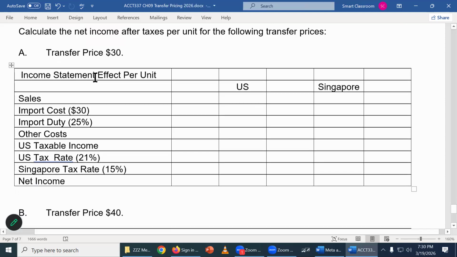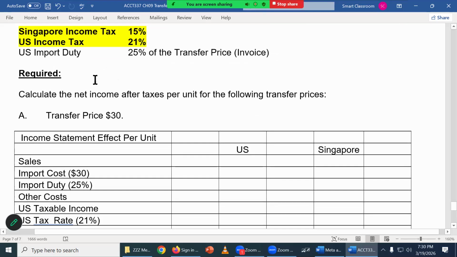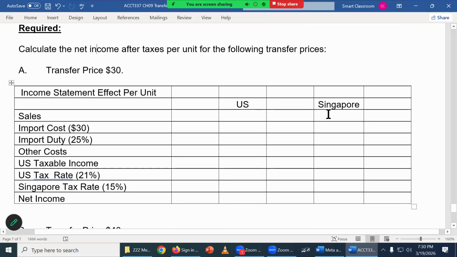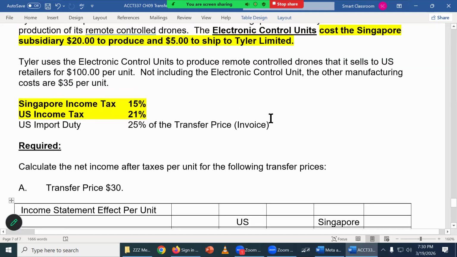Okay. So let's do the easy one first. Singapore, they're going to sell them to us.